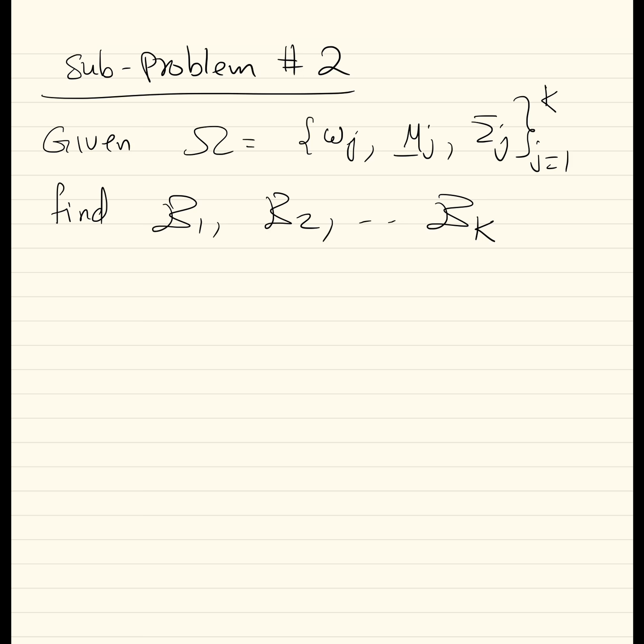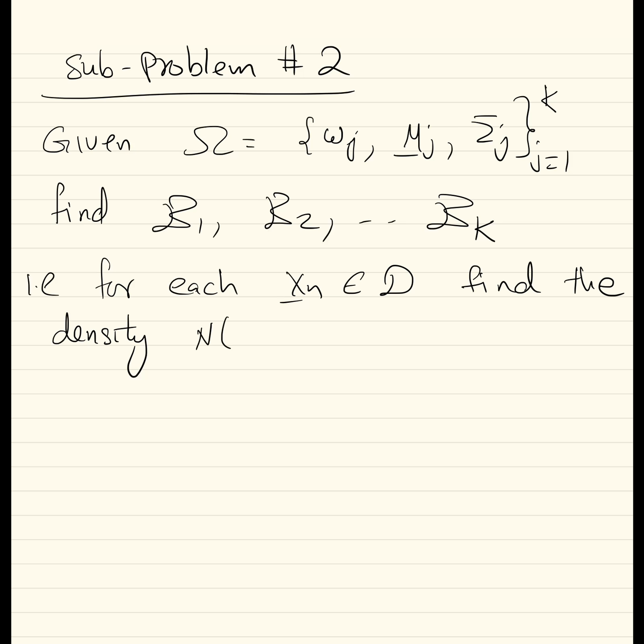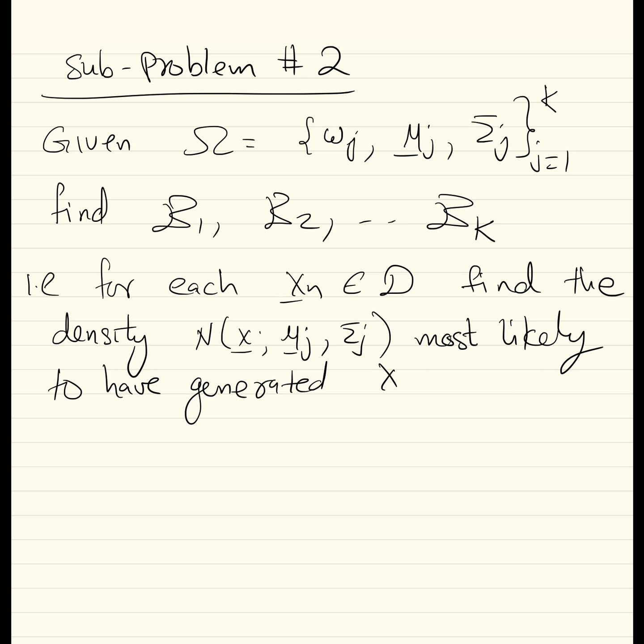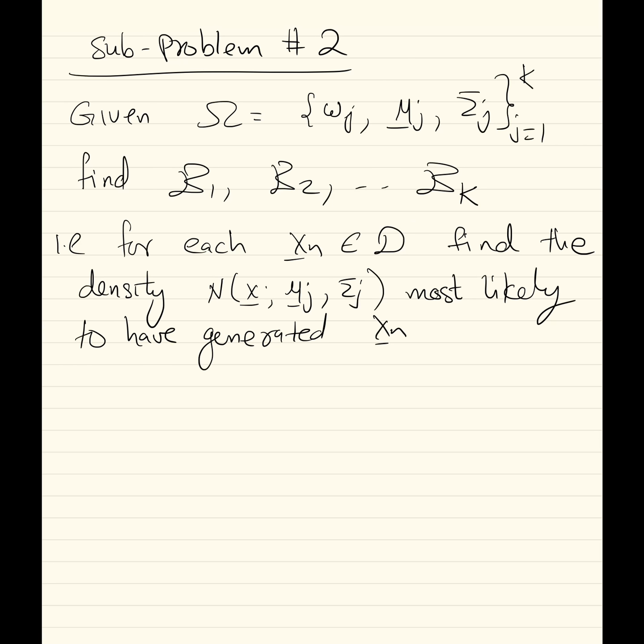So for each xn in D, we want to find the density most likely to have generated xn.